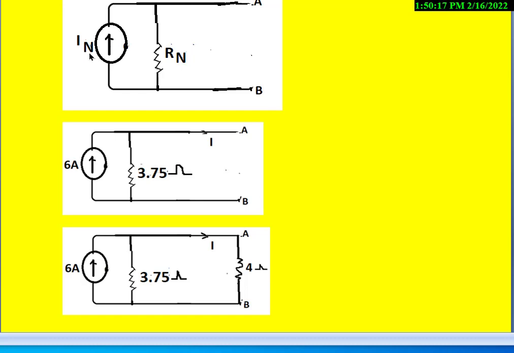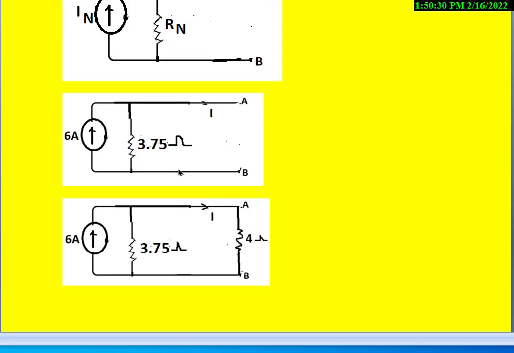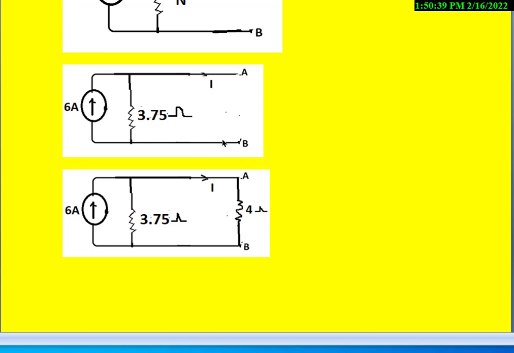This is also called short circuit current, which is already calculated. That value is 6 amperes. Similarly, our R Thevenin calculated, which is also equal to the Norton's equivalent resistance, is 3.75 ohms. So once we replace with the values, then this is called the Norton's equivalent circuit.